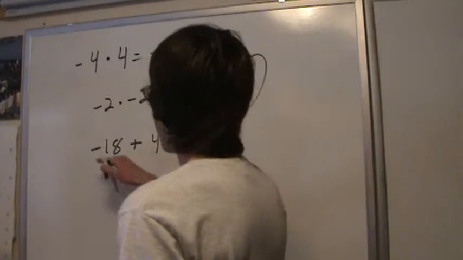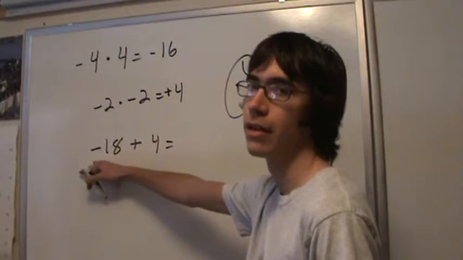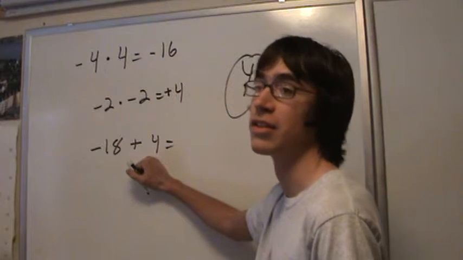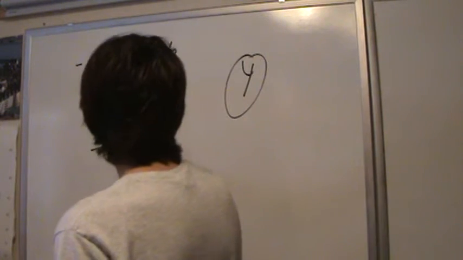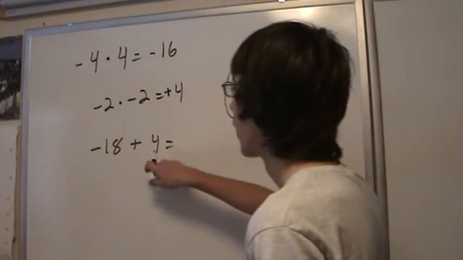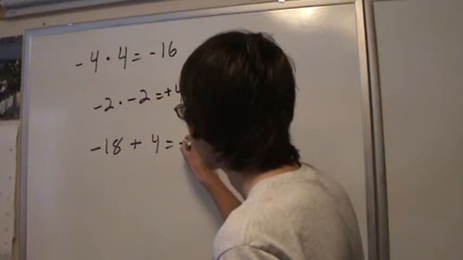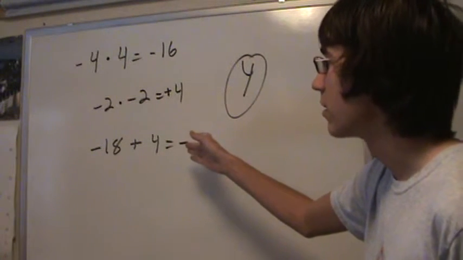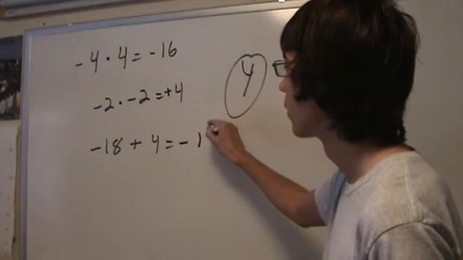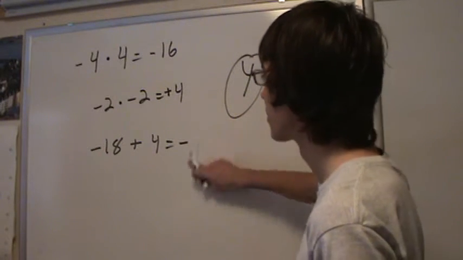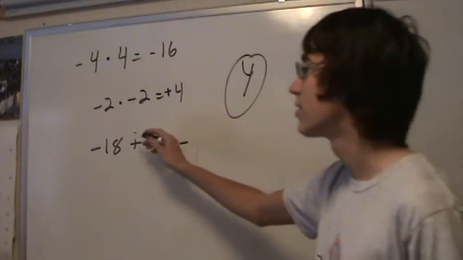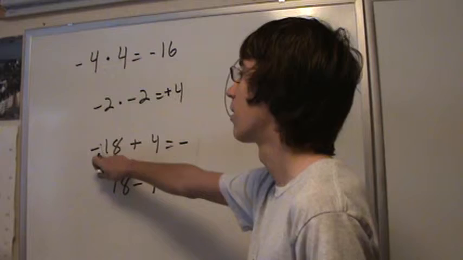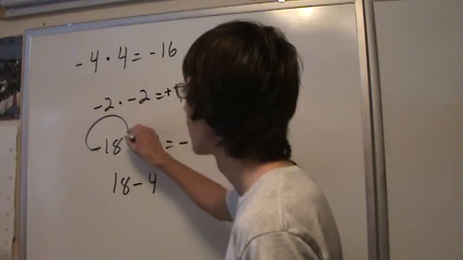If we have a negative number that's big plus a smaller quantity, then the negative will override it, and the answer is going to be negative something. So negative 18 plus 4 is negative. I was going to say negative 17, but that was impossible. So the 18, you change it to be a subtraction problem.